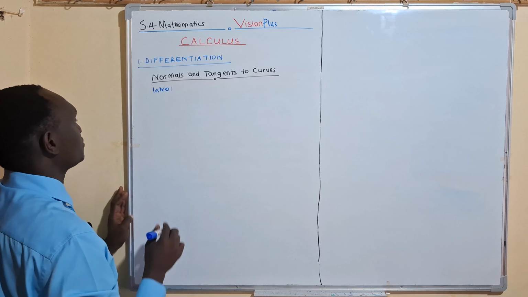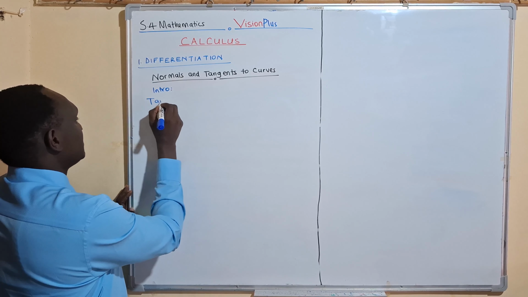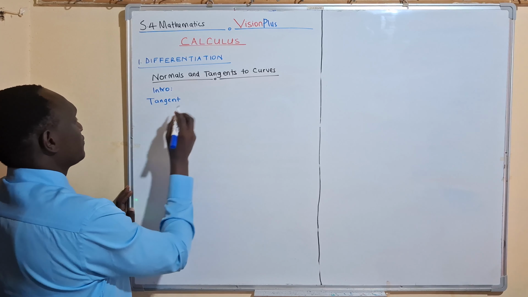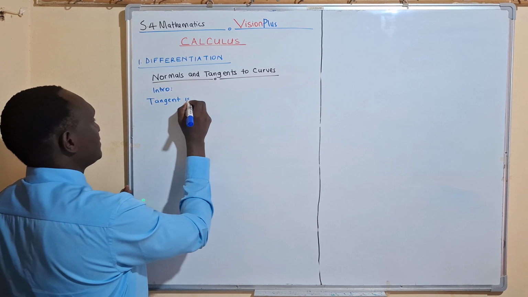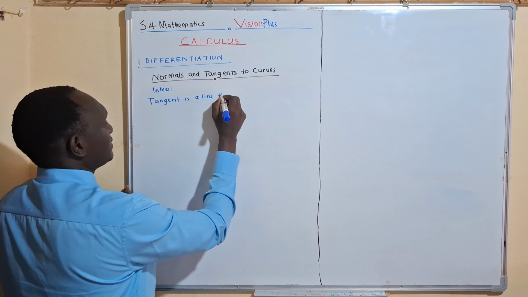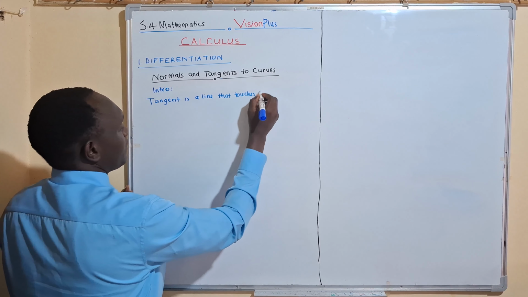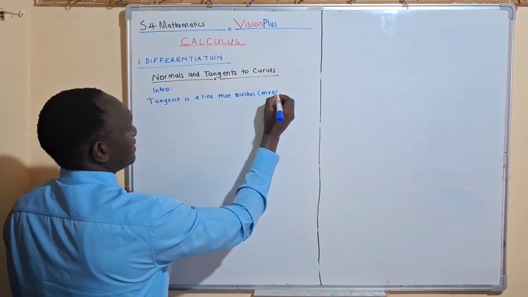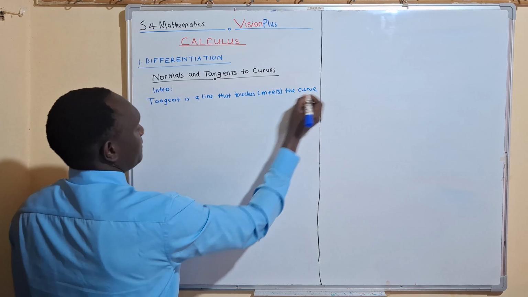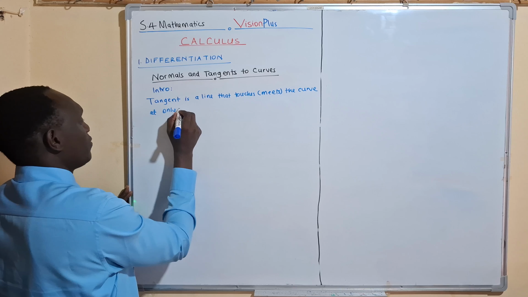So to begin with tangent, we are saying that a tangent is a line that touches or meets the curve at only one point.